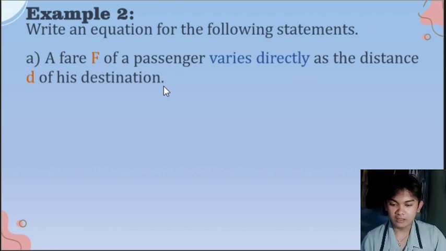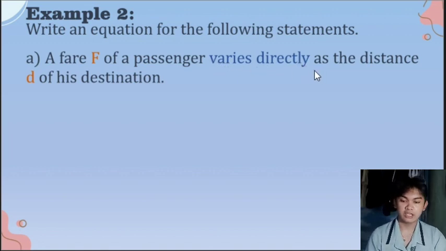Always remember that the statement "varies directly" determines this situation as an example of direct variation. So when you notice this statement in a situation, you can already determine that it is an example of direct variation.